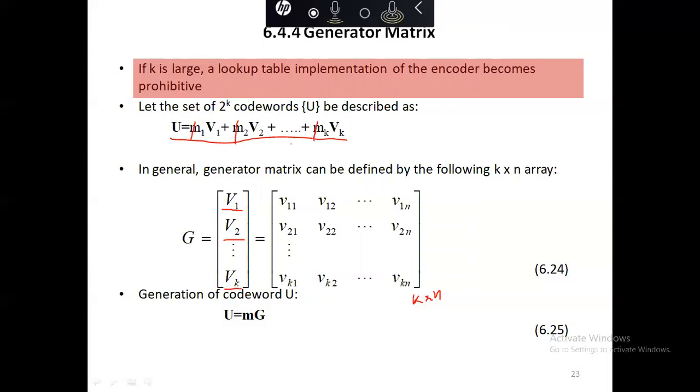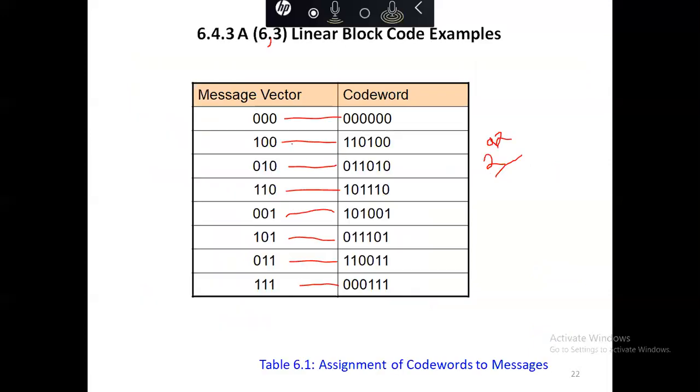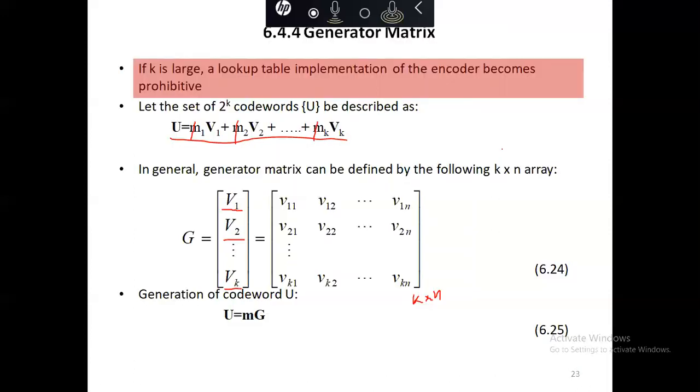Secondly, we use the generator matrix instead of the lookup table because I showed you the example that for a (792,92) linear block code, we cannot have the 2 raised to power 92 entries of the lookup table. It's hard to manage. So we reduce it to the generator matrix of order k by n.